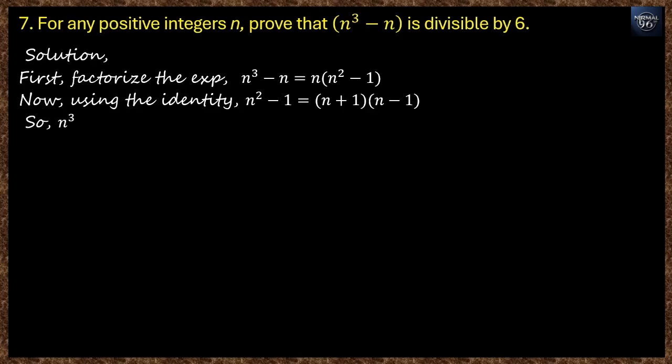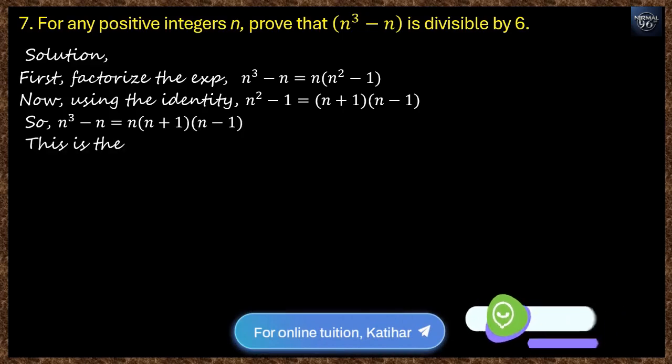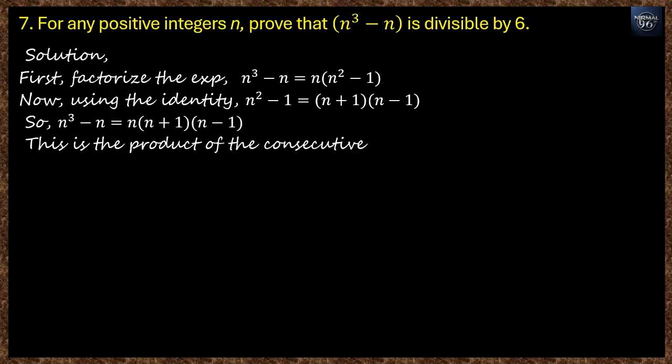So the final factorization of n cube minus n is n minus 1, n and n plus 1. Now this is the product of the consecutive integers n minus 1, n and n plus 1.